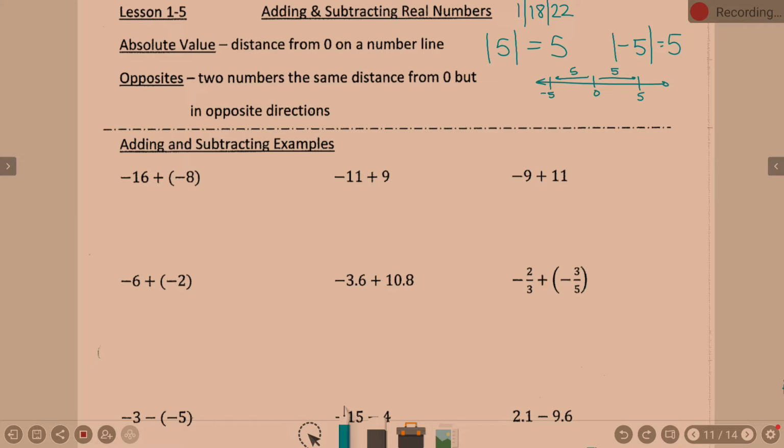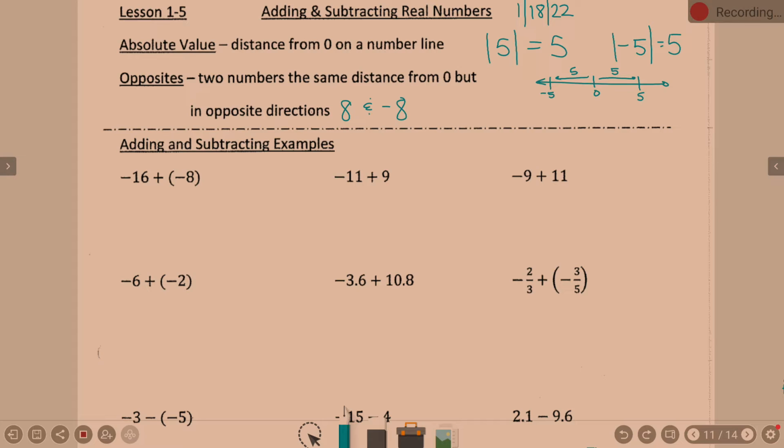Opposites. Opposites is a good vocabulary word to hear in math. So notice it's two numbers the same distance from 0, but in opposite directions. So for instance, 8 and negative 8 are opposites. So when I ask about the opposite, basically I'm just telling you change the sign.